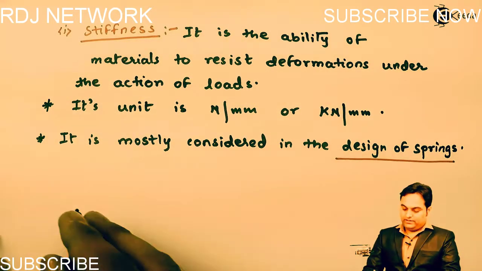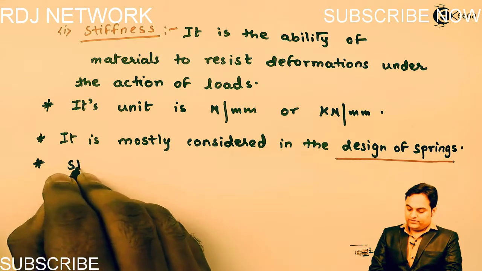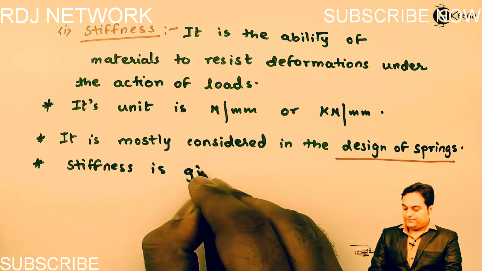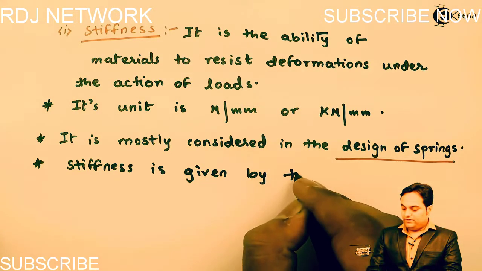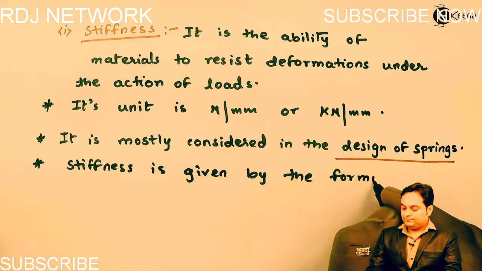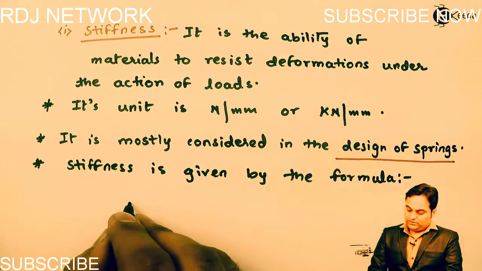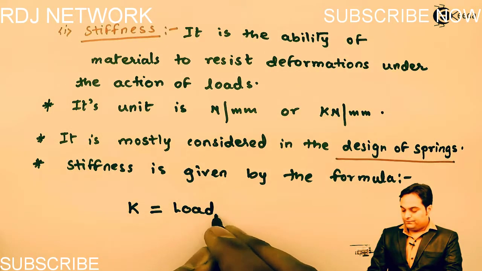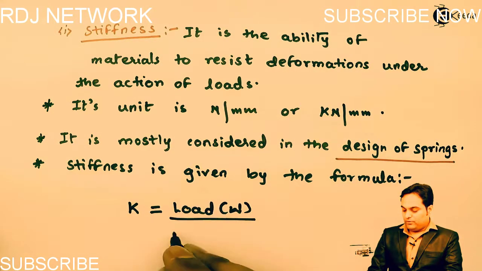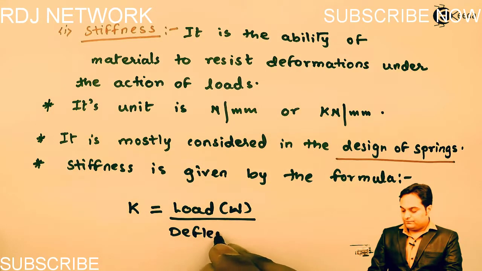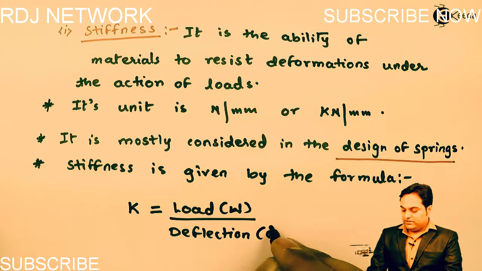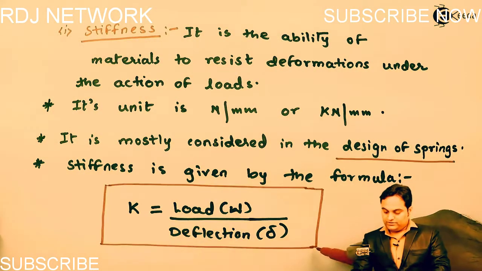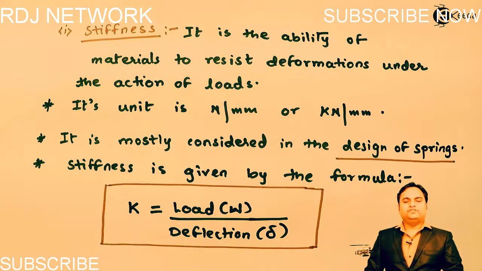And here I can say that stiffness is given by the formula. Here stiffness, I'll denote it by K, and that is equal to load, which is W, upon deflection. Deflection is delta. So here is the formula to calculate stiffness.